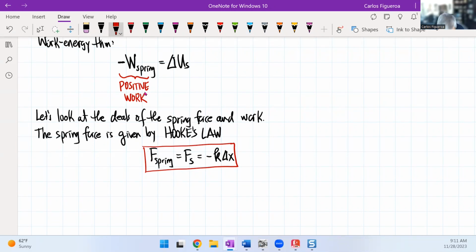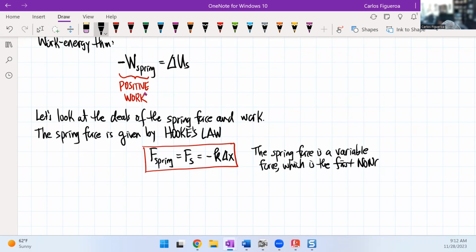So note that this is a variable force. The spring force is a variable force, which is the first non-constant force we've dealt with.